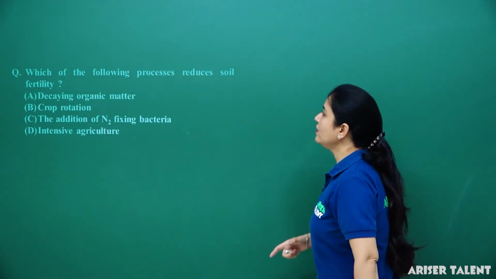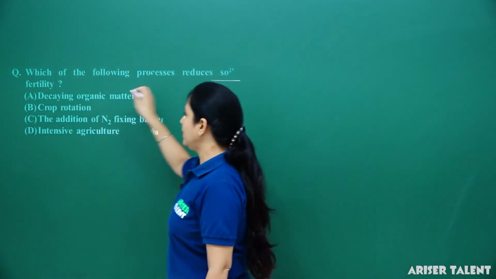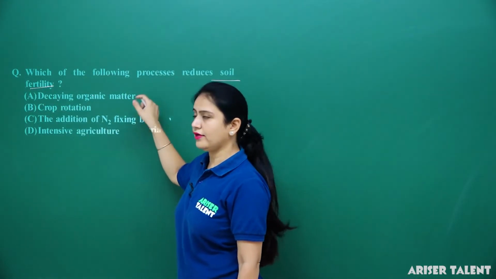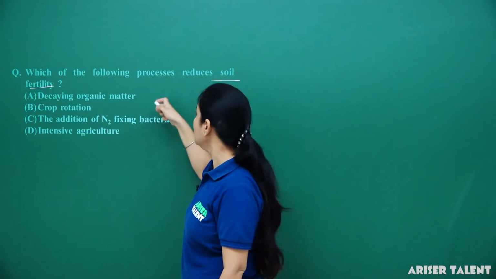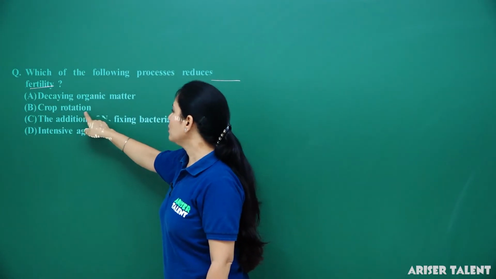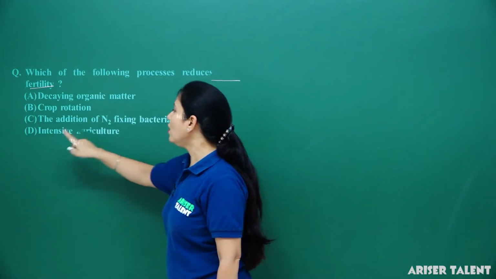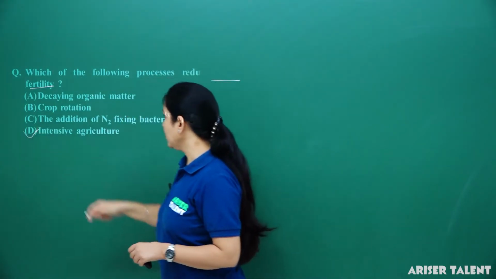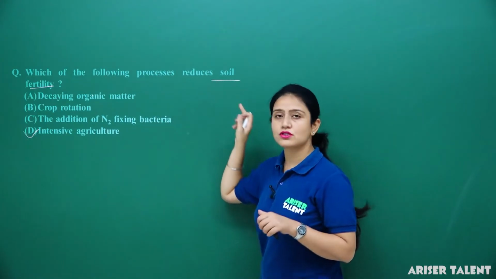Next is, which of the following process reduces soil fertility? Decaying organic matter? No, definitely decaying organic matter means decomposition, so it will increase the fertility of soil. Crop rotation, adding of nitrogen fixing bacteria, or intensive agriculture. So here intensive agriculture is the process which will reduce soil fertility.